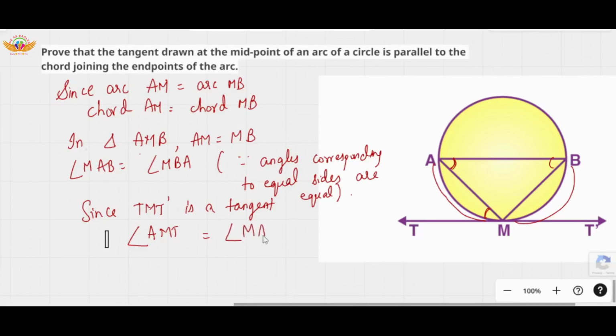You have to mention that these both are alternate angles. So here angle AMT and angle MAB are alternate angles, which is possible only when AB is parallel to this tangent. Therefore, the tangent drawn at the midpoint of an arc of a circle is parallel to the chord joining the endpoints of the arc.